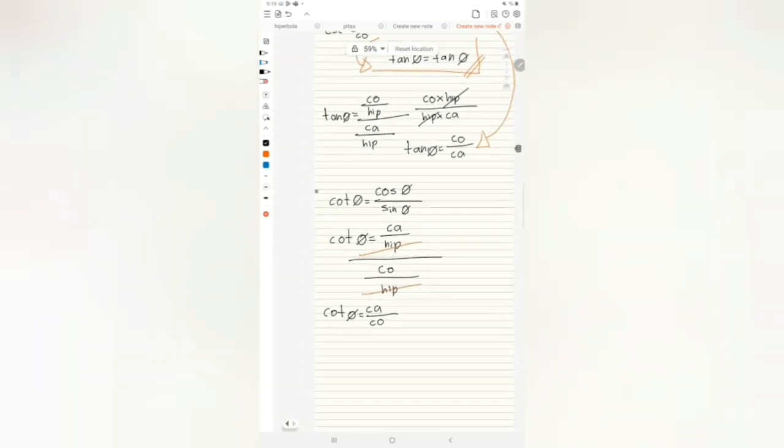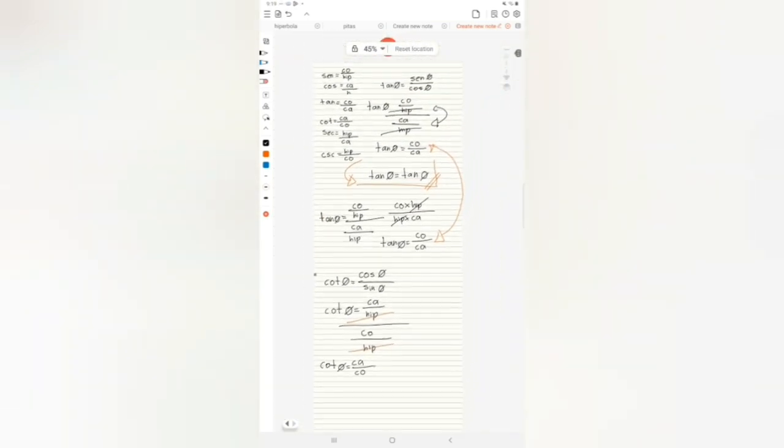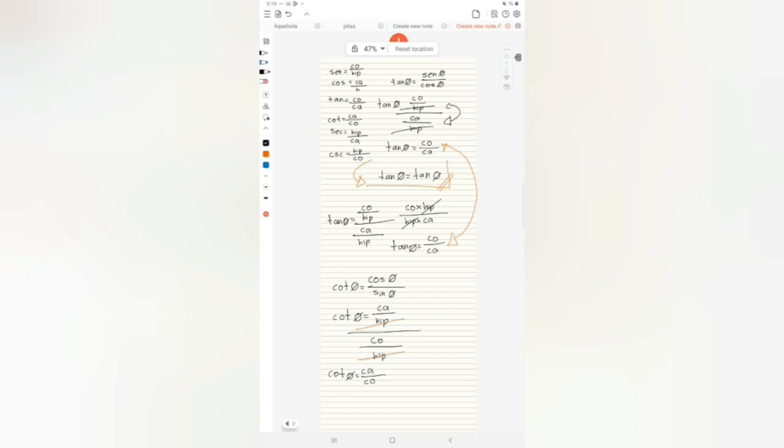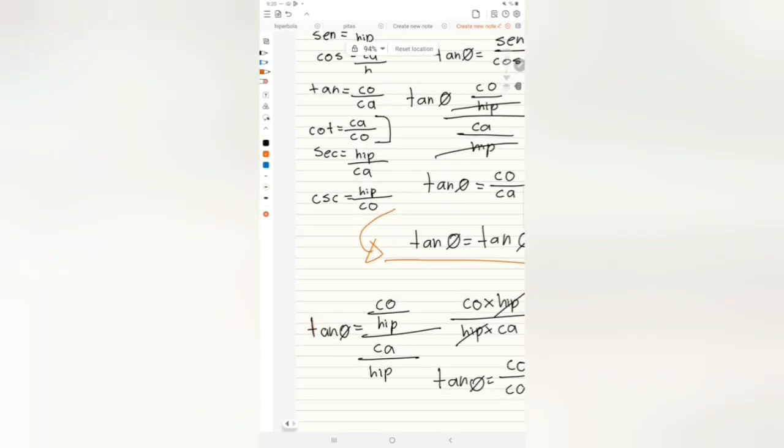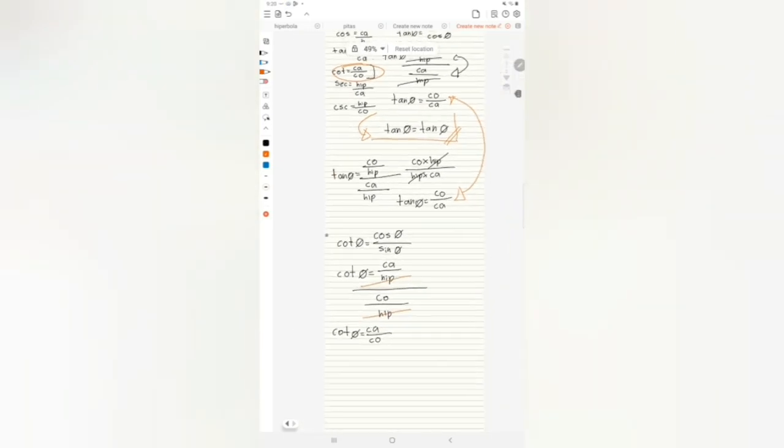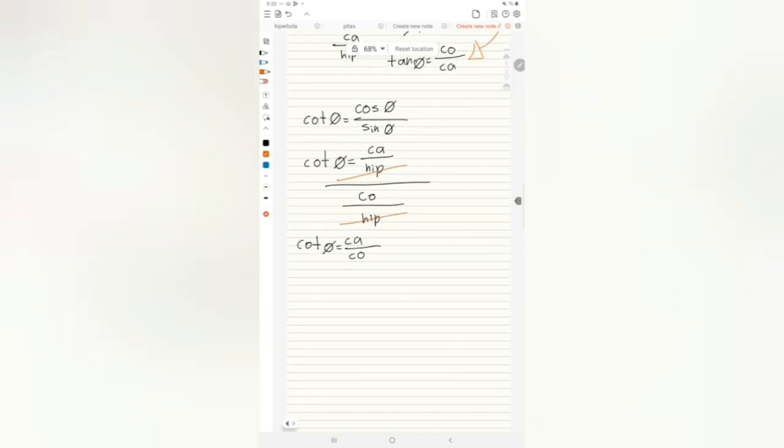If we go to our trigonometric functions, we have that this is true because the cotangent is equal to the adjacent leg divided by the opposite leg. So we have demonstrated this identity, and this is the last quotient identity, and we now have that this is true.